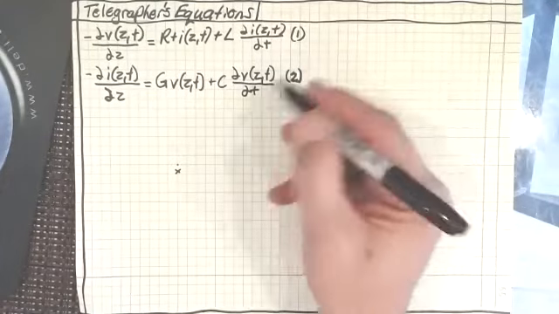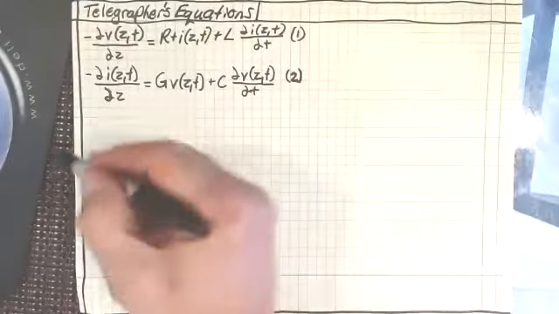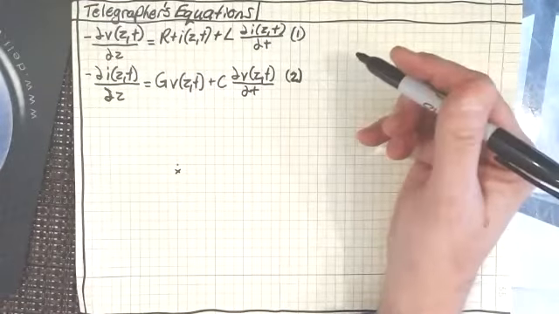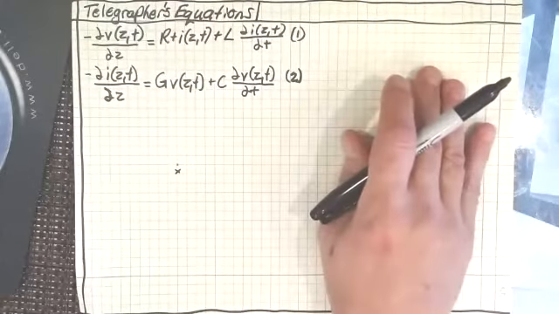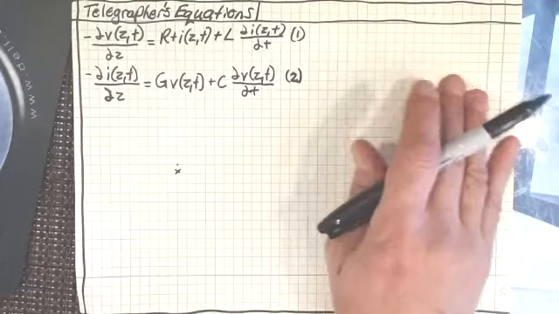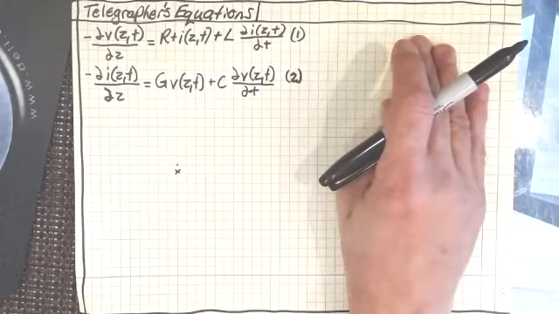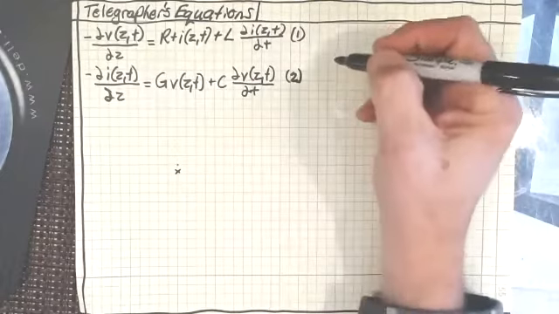What the Telegraphers equation is talking about is metallic conductors, and that's what we're looking at for a huge amount of what we're doing with electromagnetic waves. So let's take this a step further then. I want to show you some notation that I'm going to be using.